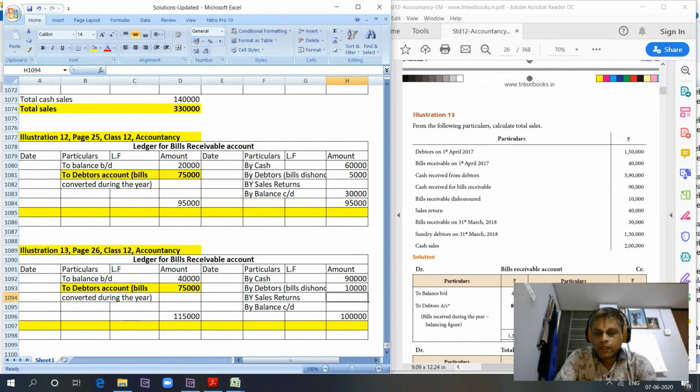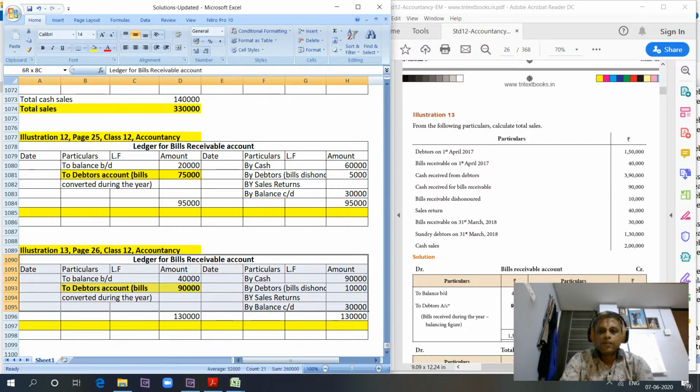And the bills receivable balance on 31st March 2018 is 30,000. So the total bills that got converted during the year is 1,30,000 minus the beginning balance of 40,000, which is 90,000.